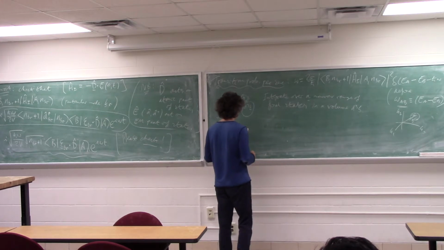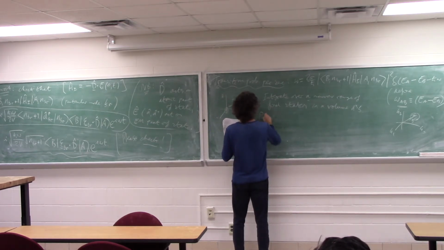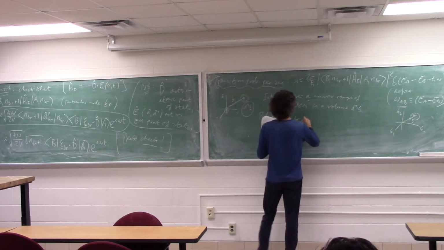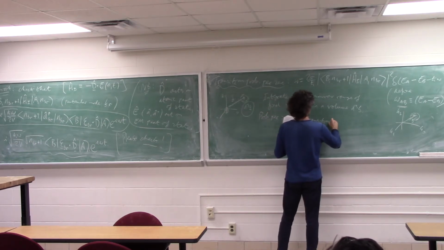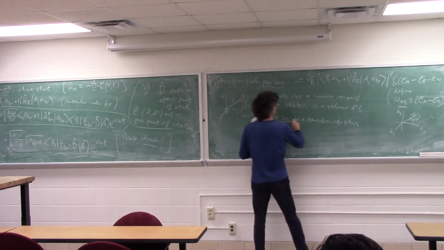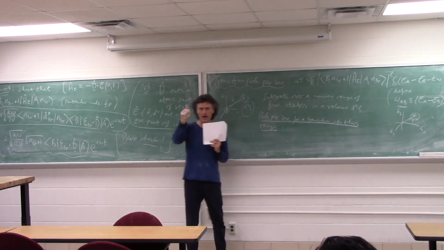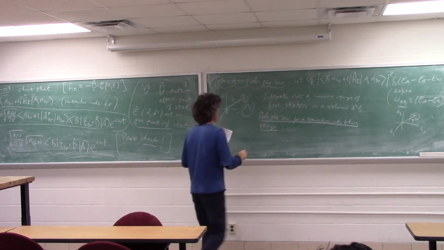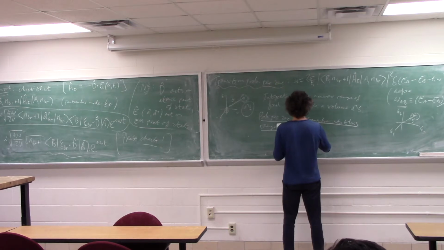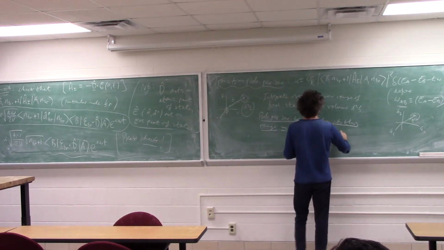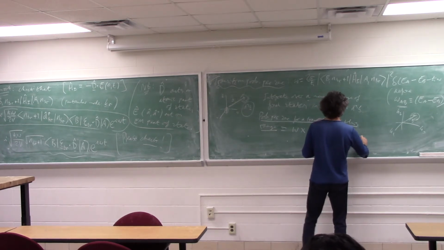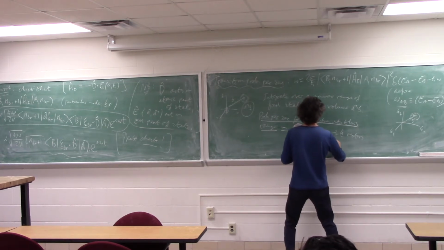And what we do is we say that the probability per second for a transition not just to one value of k, but to any value of k in this range, is equal to W times the number of k vectors in this range.